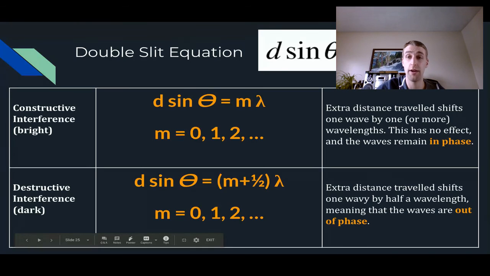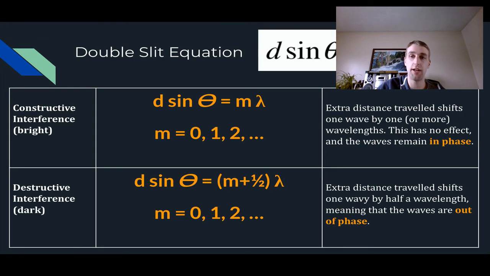If you leave the equation the way it is written, d sine theta equals m lambda, and use a whole number for m, that gives you bright spots, because the extra distance is equal to lambda or 2 lambda or 3 lambda. Waves arrive in phase. They add together to give you a bright spot.